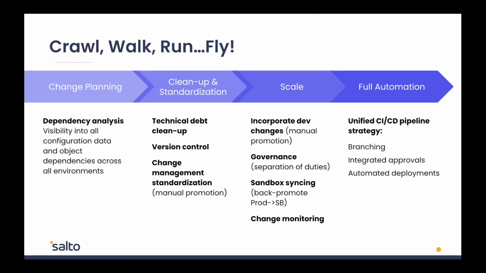Okay. Once we've got the next layer of the foundation, I can start to push changes from a sandbox to a test to a production environment. So I have a very clean test environment to go to before production. So am I implementing separation of duties? Do my devs do the work and then it's reviewed by admins that are the only people that have access to my upper environments, things like that.